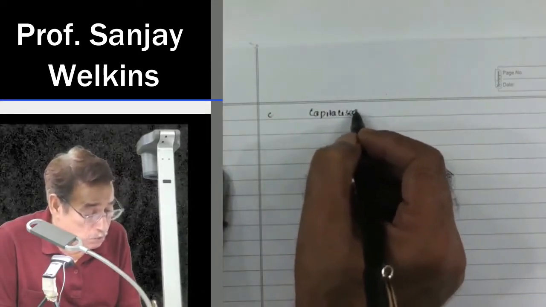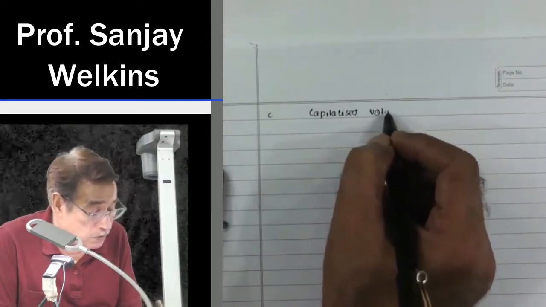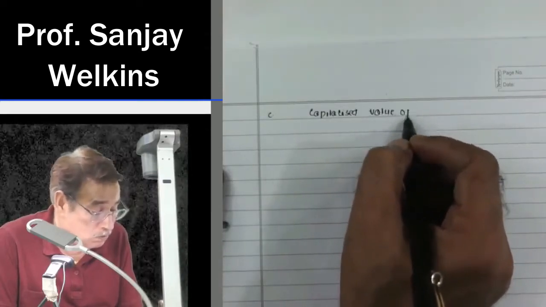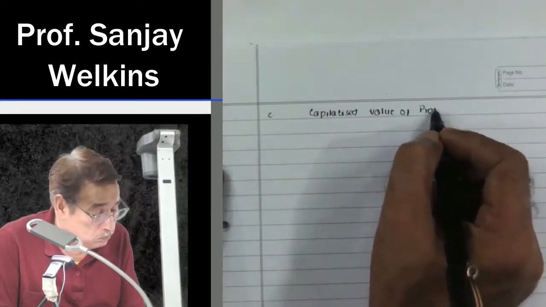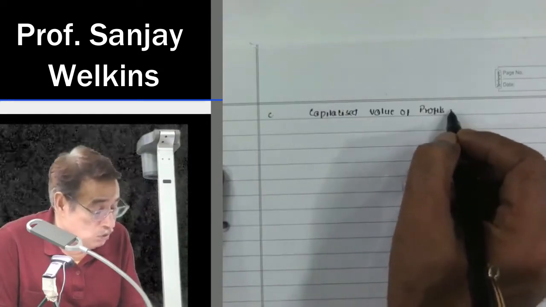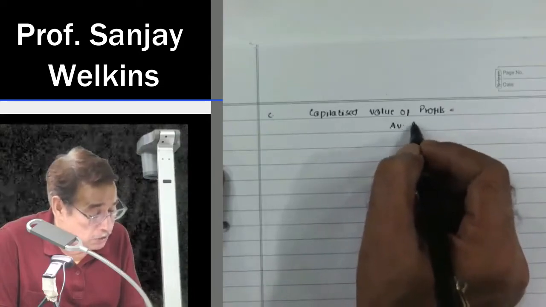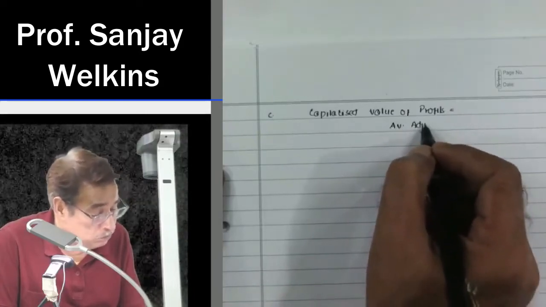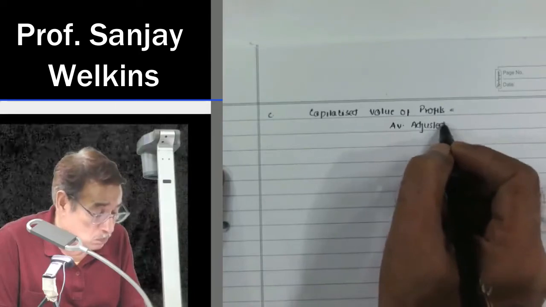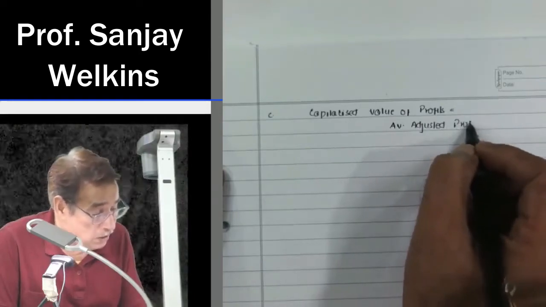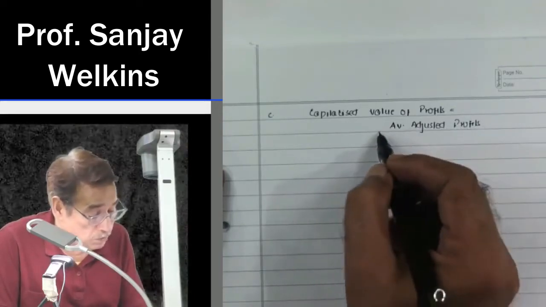In order to compute the capitalized value of profits, as I told you, what we simply do, we divide the average adjusted profit by the normal rate of return.